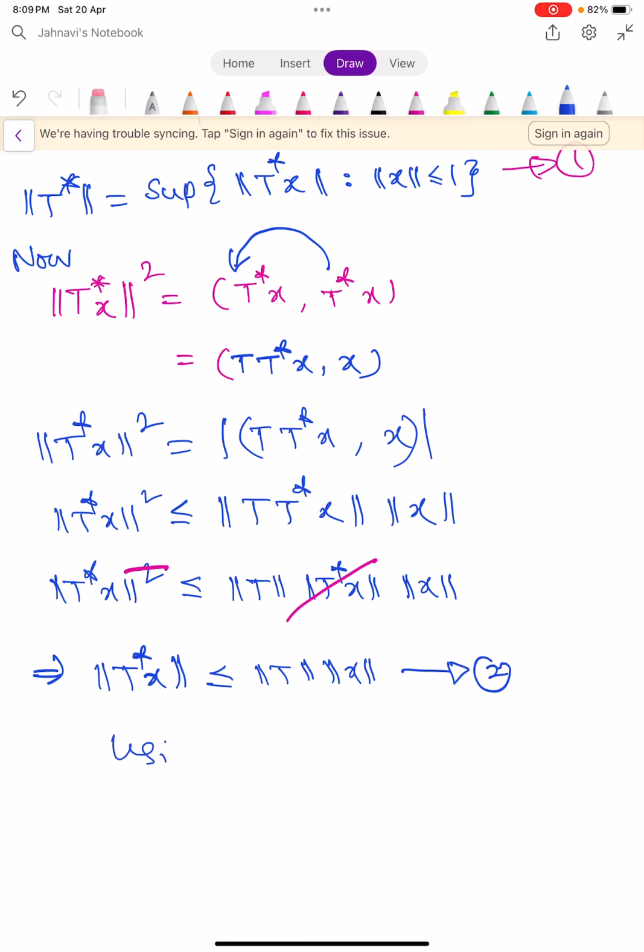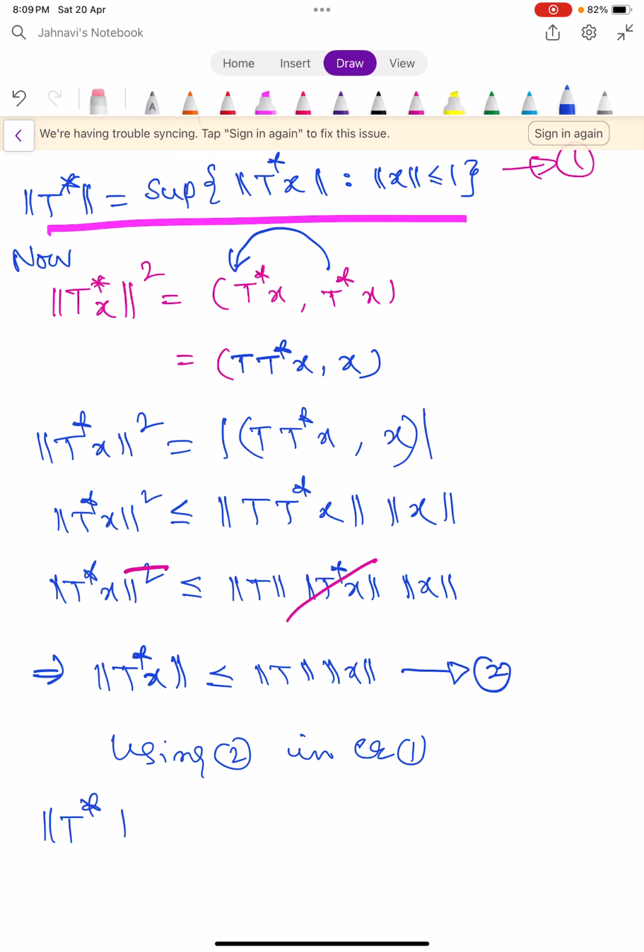Now using equation 2 in equation 1, observe carefully. Obviously we get norm T star is equal to the supremum of norm T star x such that norm x is less than or equal to 1.